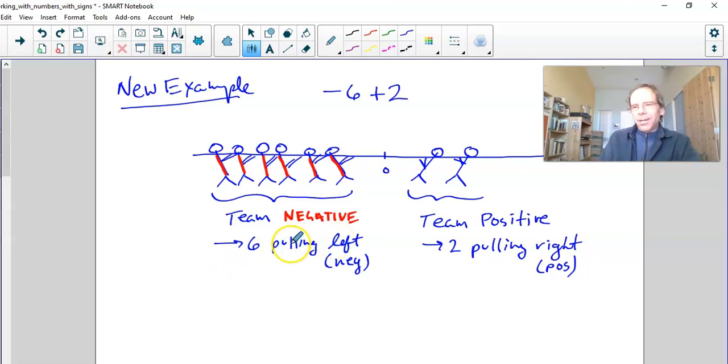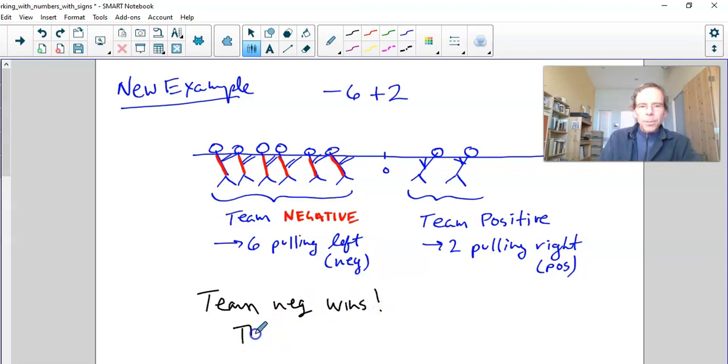Team negative is going to win. They have a lot more people. How many extra people does team negative have? Well, they have 4 extra people. So team negative wins.